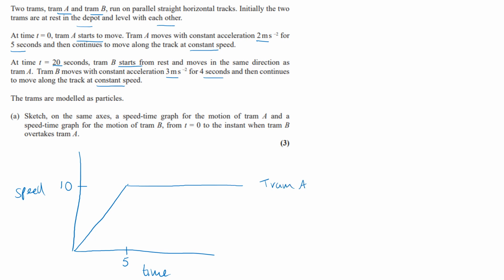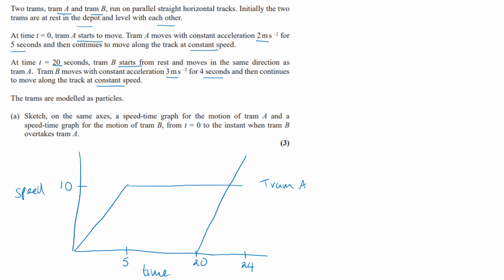Tram B sets off at t equals 20. Now tram B accelerates for 4 seconds. So it's going to go like this for 4 seconds. So that will be 24. Now the acceleration for tram B is going to be 3.